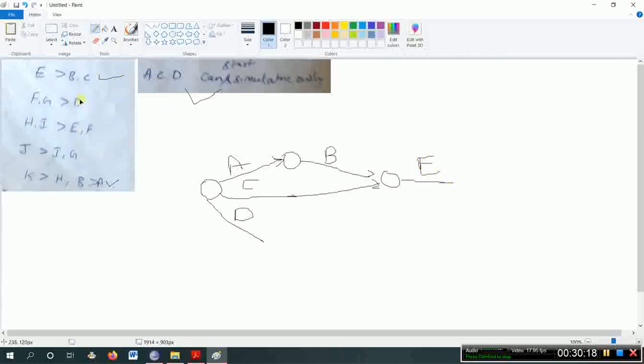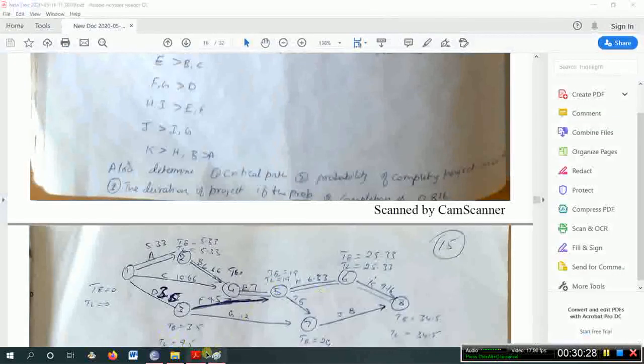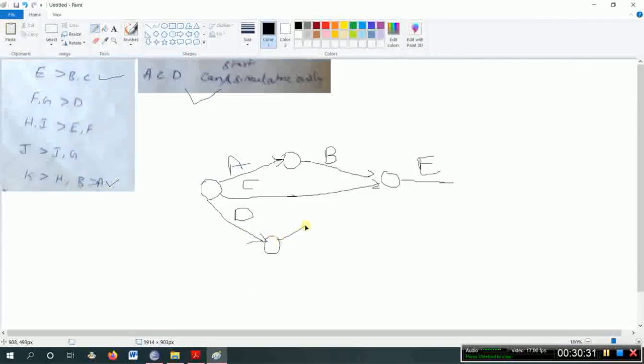Next, after completing D, F and G has to start. So complete D and start F and G. This is over.